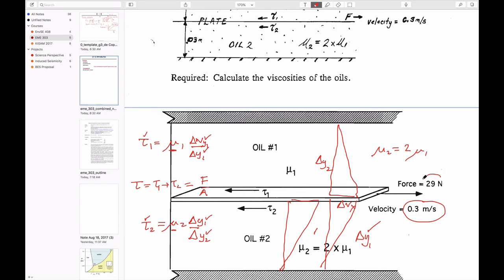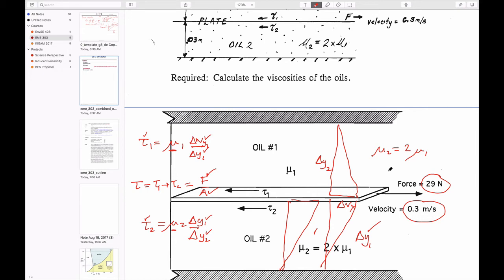If we know the force being applied and the area of this plate, which we must know, then we have everything to calculate mu1. And if we know mu1, we know that mu2 is twice that. So we can do it.